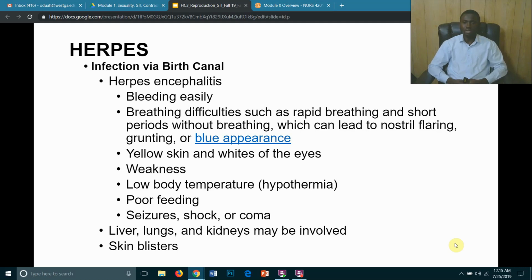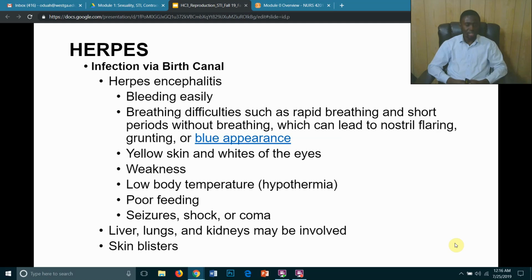This can lead to the flaring of the nostrils and grunting, or a bluish appearance in the child. The child may also have yellow skin and whites of the eye. The child will have weakness, low body temperature, hypothermia. This is due to an inability to control body temperature.